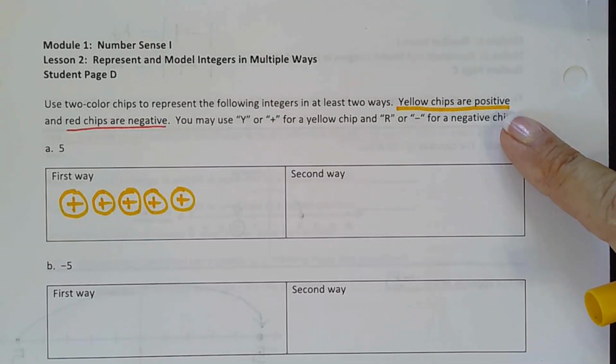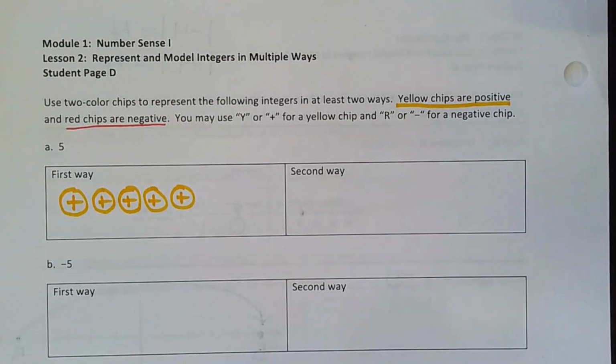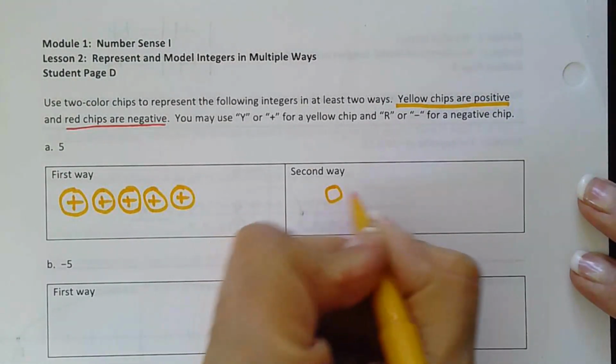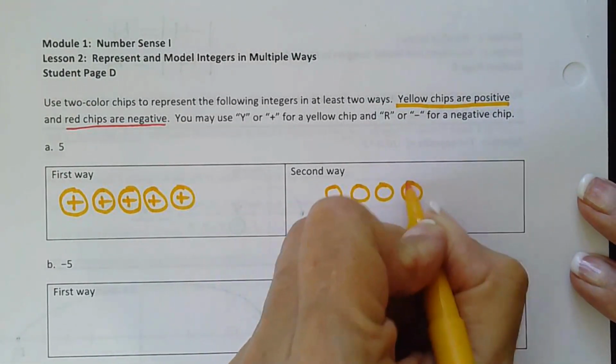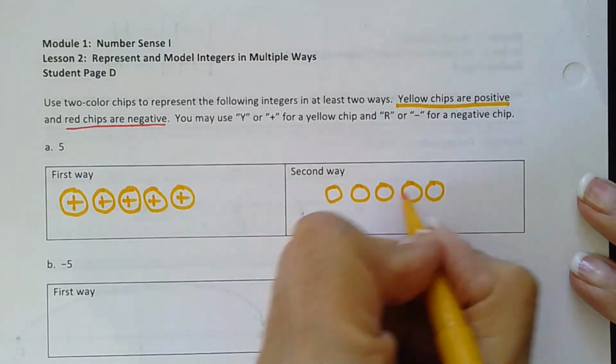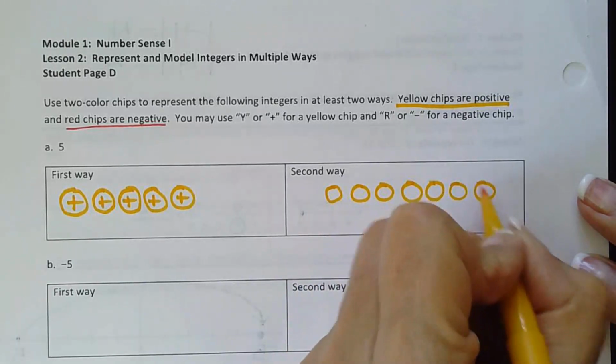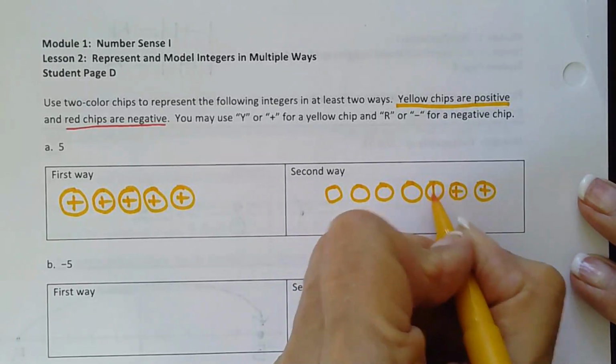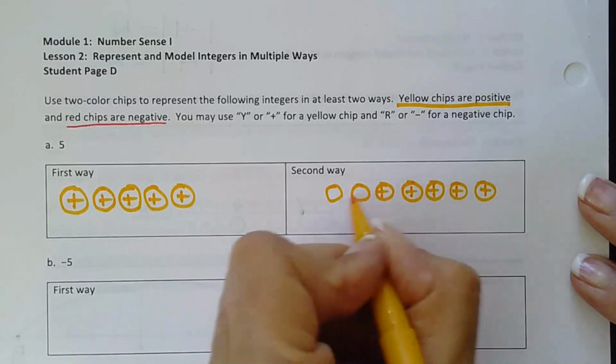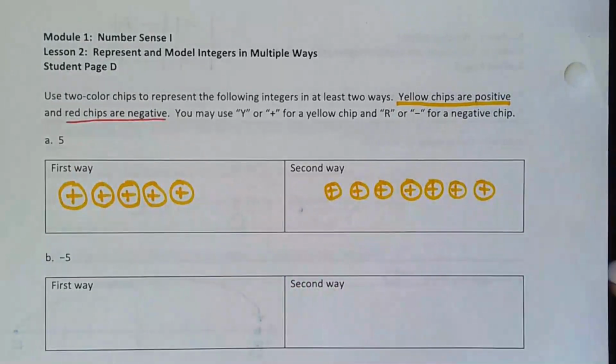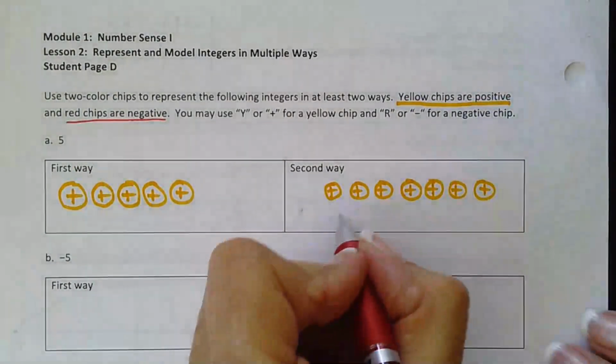Well, there are ways. Do you guys remember that opposites attract? They also cancel each other out. So I could do 7 positives: 1, 2, 3, 4, 5, 6, 7 positives. And then I could do 2 negatives.